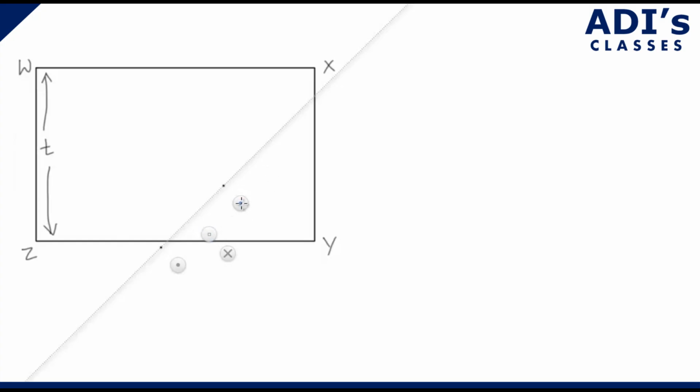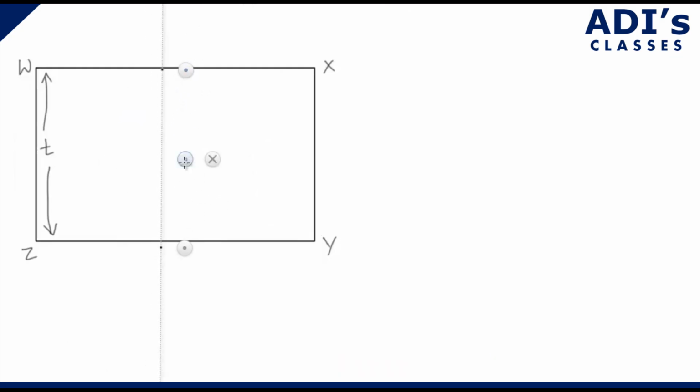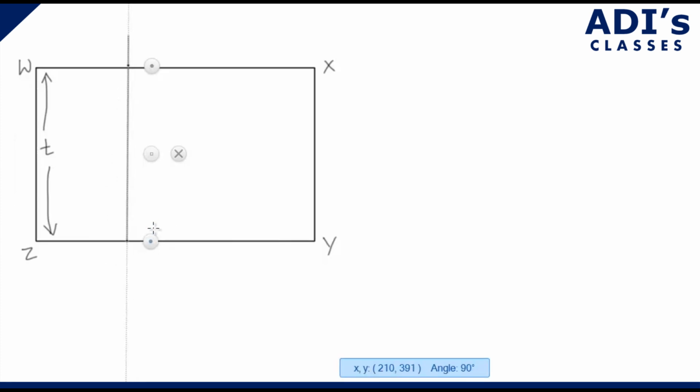Now let's assume that a ray of light is incident. Before that, remember the laws of refraction. First we need to draw a normal. So let's say this is the normal. Now some ray of light should be incident at this particular point, right?